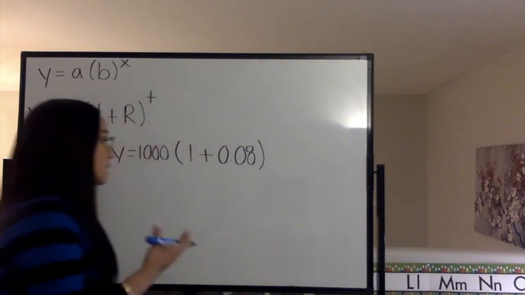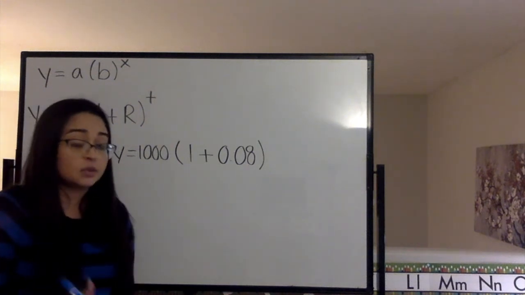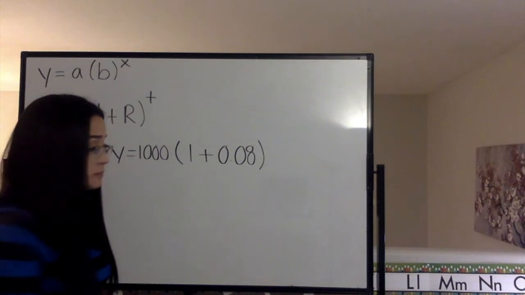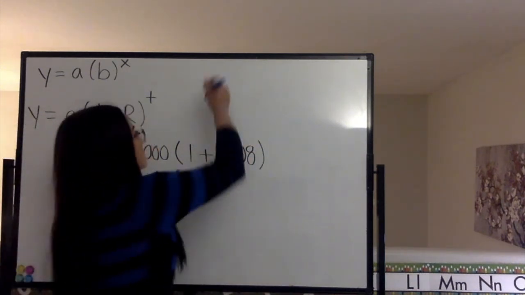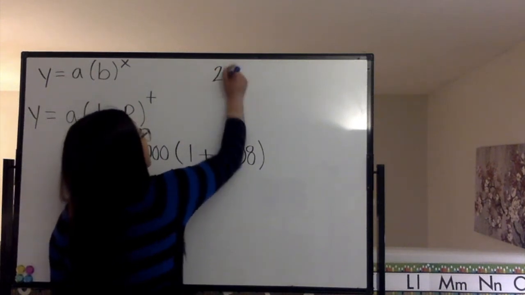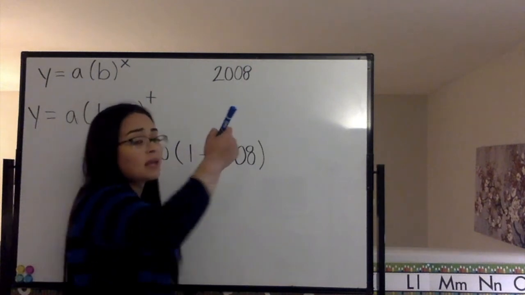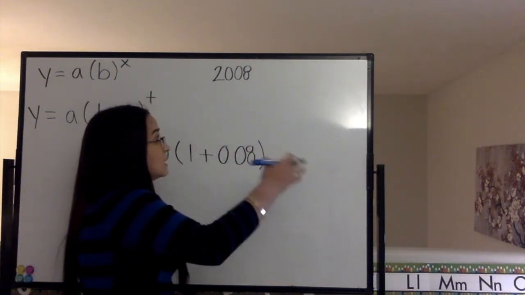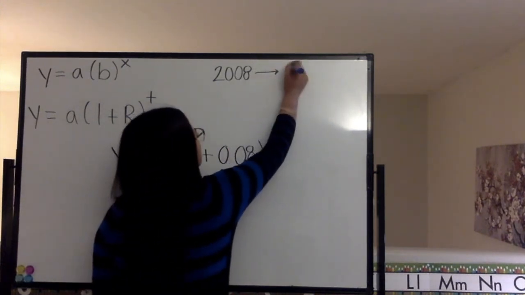Now, the exponent, which in this case is going to be time, we need to figure out the time. Now, we know that in 2008 there are 1,000 bunnies, and we're trying to figure out how many bunnies there are by 2020.